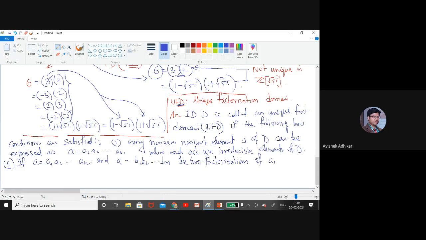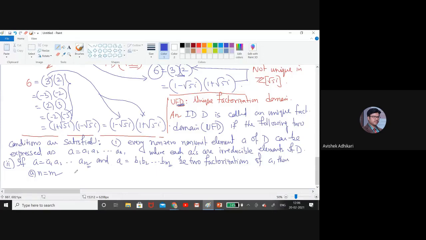As a product where each bi and ai are irreducible elements, the first thing it should satisfy is that n should be equal to m.